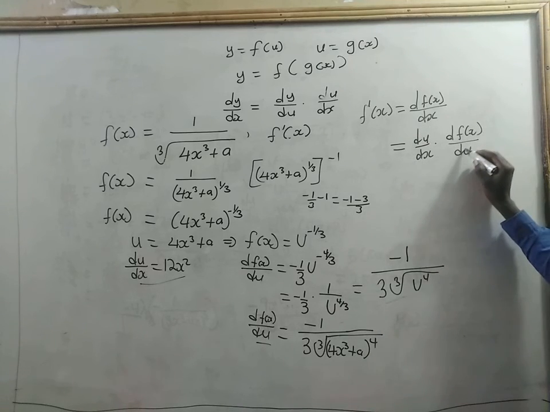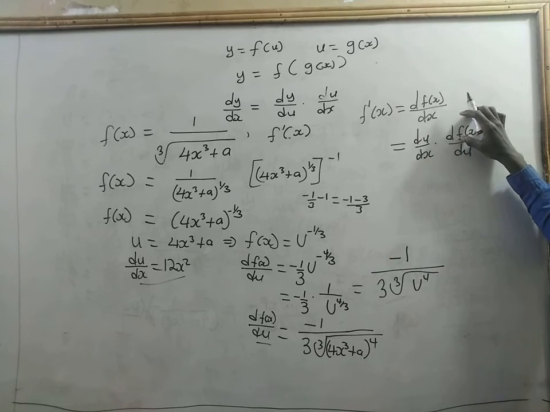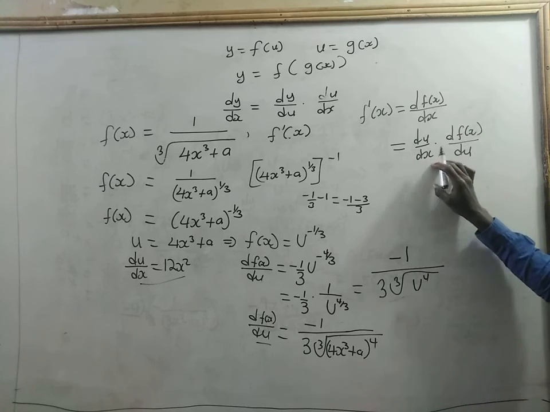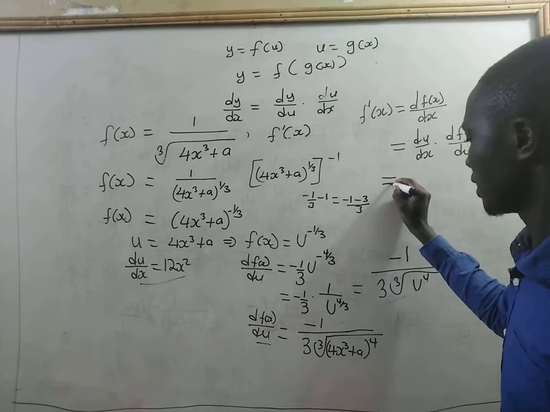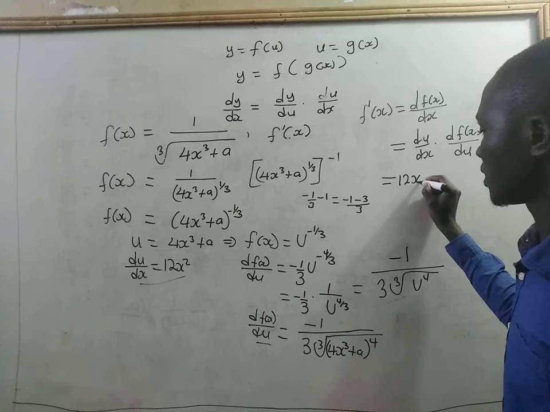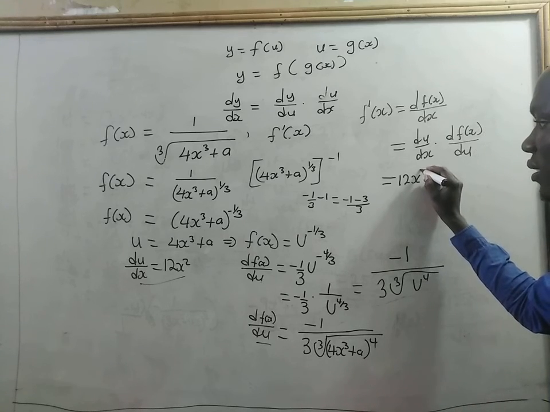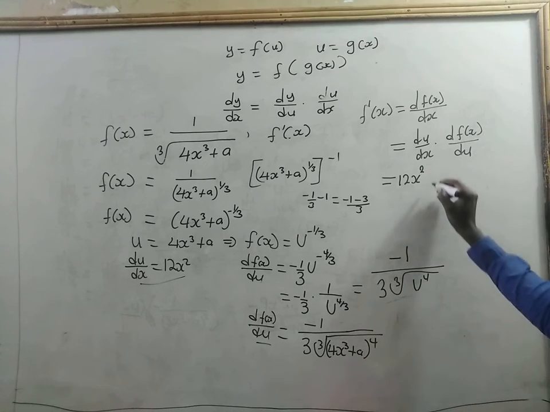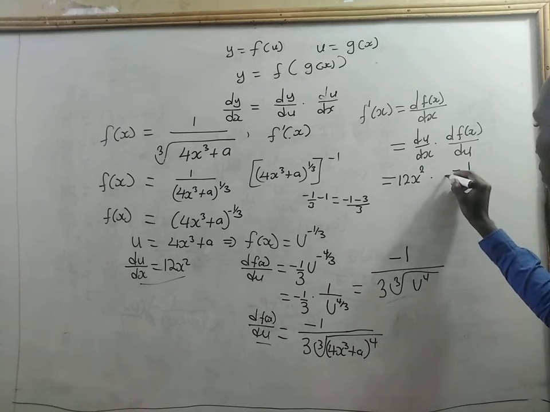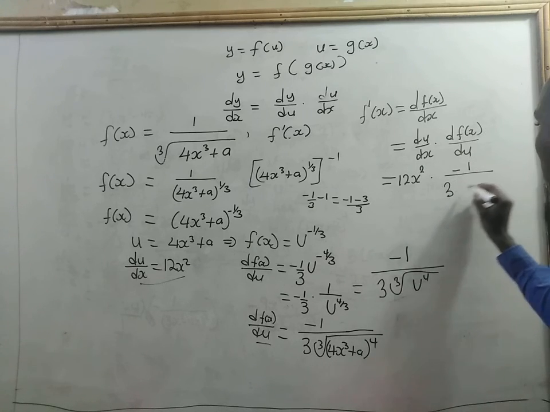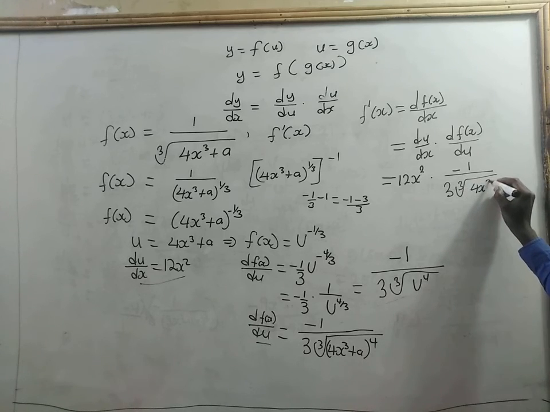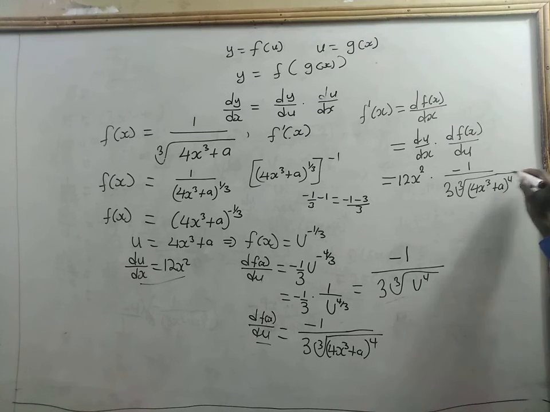So here you see that this will cancel that, and we have the derivative of f of x with respect to x, the same. That's why we do that. So here we are going to get 12x squared times negative 1 on 3 times the cube root of 4x cubed plus a to the power 4.